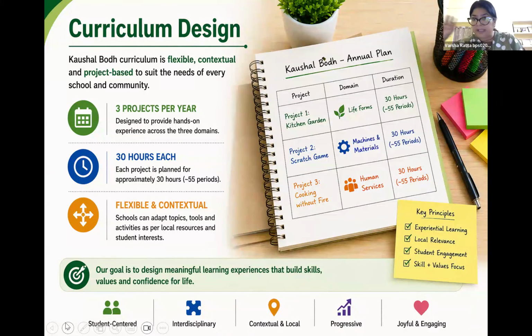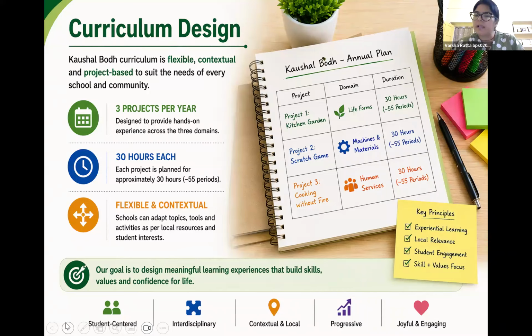So when you are planning Kaushal Bodh classes, you have to plan a curriculum or an ACP in a manner that all the 3 are taken care of. You cannot miss any one domain. Is that okay? Now, 30 hours of classes, practicals and everything per project. That is equal to almost 55 periods.